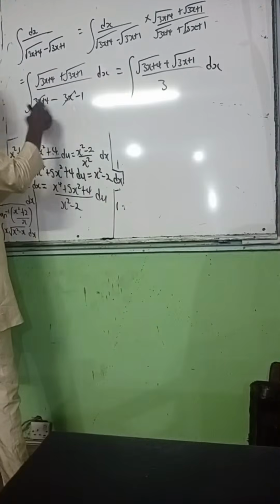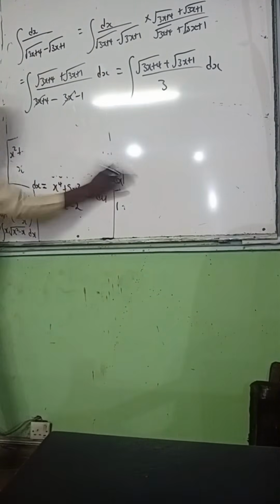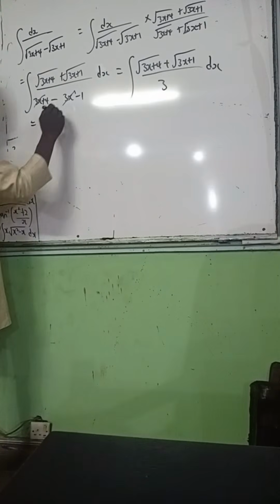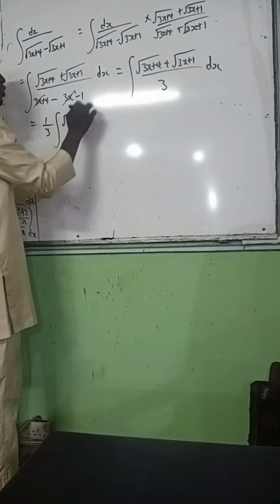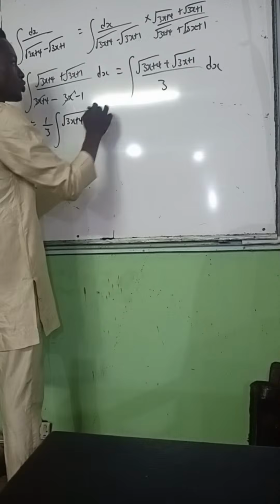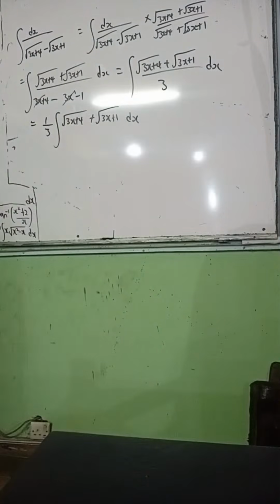This minus this, you have this. So at the end of the day, we are going to get the integral of 1 over 3, integral of root 3x plus 4 plus root 3x plus 1 dx.